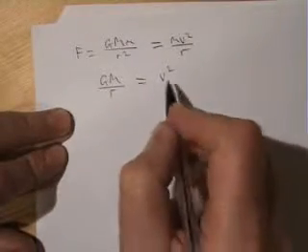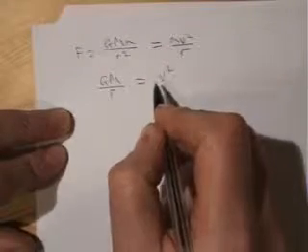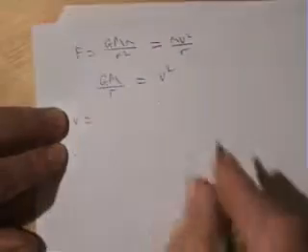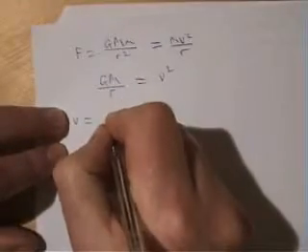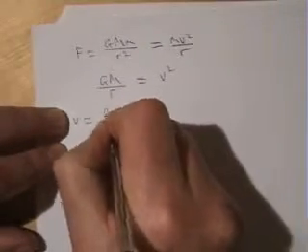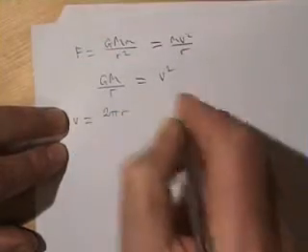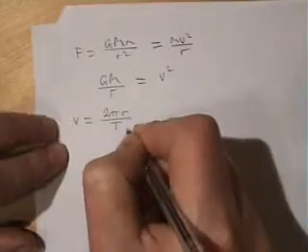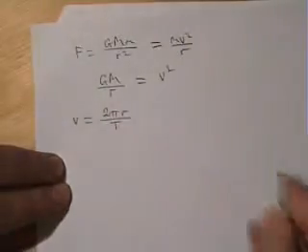Then we've got to ask ourselves, what do we mean by the speed? Well, speed means distance over time. So for something going round in an orbit, the speed is the distance it goes round, 2 pi r, the circumference of the orbit, divided by the time, and capital T is the time period, how long it takes.